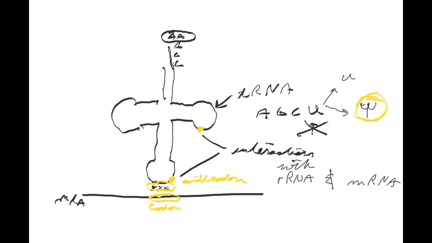Okay, now let's talk about the messenger RNA. Now, pseudouridine can be found in messenger RNA. And it seems to be affecting the stop codons. So we have three different stop codons.